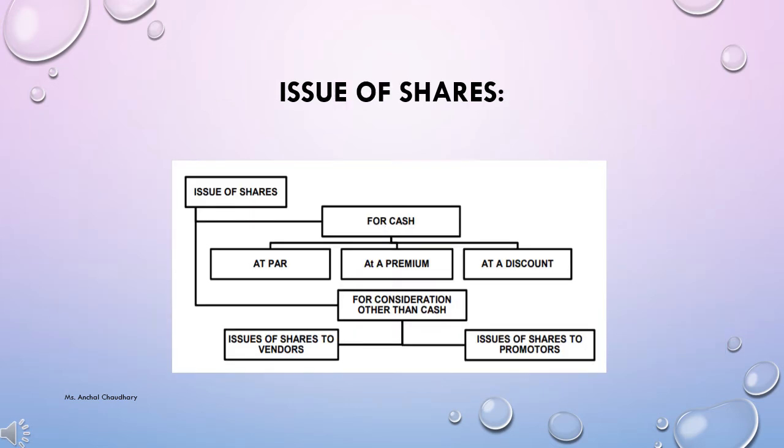So this is a chart which depicts the issue of shares. Issue of shares can be done in two ways: for cash, or for consideration other than cash, like you are taking assets in respect of these shares. एक तरफ आप shares allot कर रहे हैं, secondly you are taking the assets in exchange for those shares.